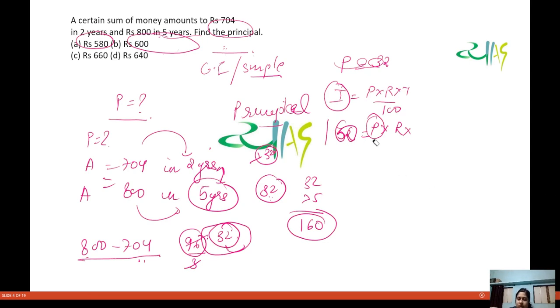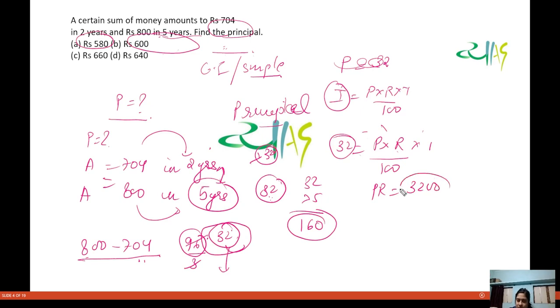What else you can do here is, you know that this 32 rupees is interest for 1 year. So keep this as 32. Here R we don't know, here T is 1, we know this. So PR by 100 is equal to 3200. So that means principal into rate of interest is 3200. So this is fine for us.